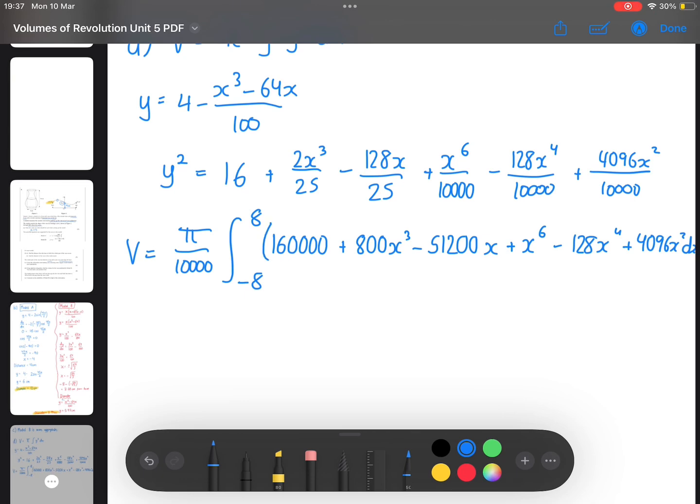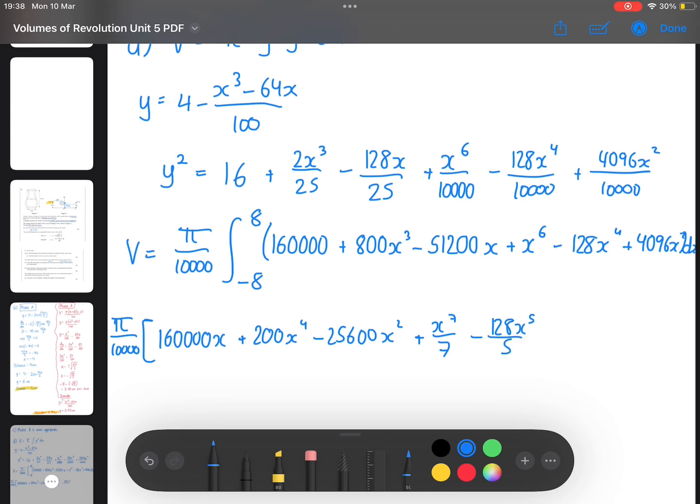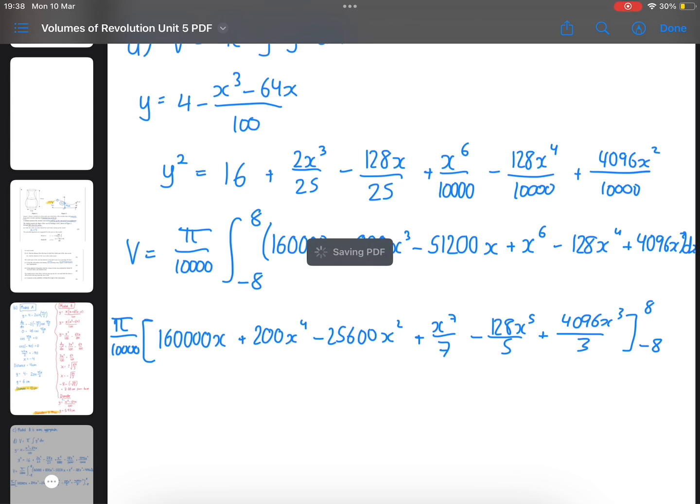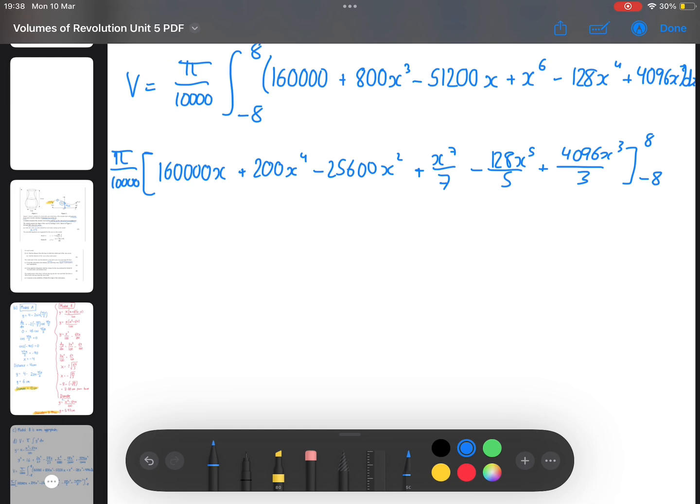And then actually evaluating that, we're going to have pi over 10,000 times 160,000x plus 200x to the 4 minus 25,600x squared plus x to the 7 over 7 minus 128x to the 5 over 5 plus 4096x cubed over 3, evaluated between 8 and minus 8, and I'll spare you from actually substituting in because it's pretty boring really, but if you do that, you will get that the final answer is approximately 905 centimeters cubed.